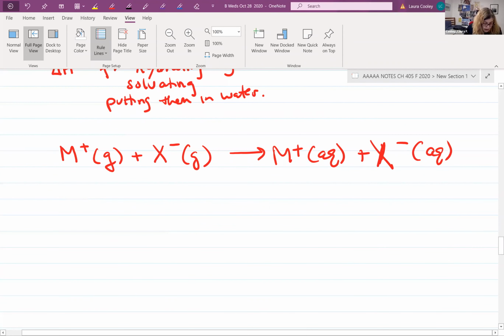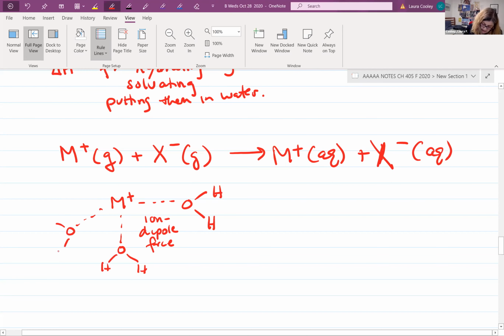Okay. And of course, these ions don't exist just by themselves. The negative ones would attract the hydrogen, and the positive ones would attract the oxygen. This is an ion dipole force. And you will have a ton of these in water. You'll have a hydration shell, a whole sphere, all around this metal ion.